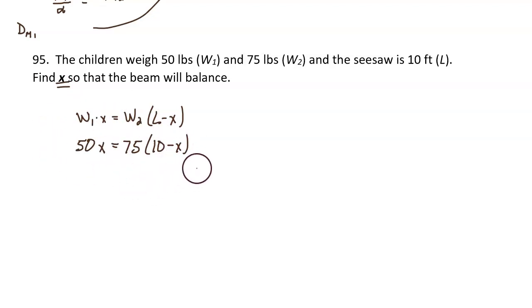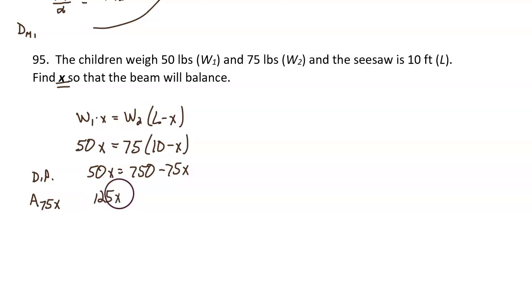So we've created an equation that we can solve for x. Let's do a little distributive property on it. 75 times 10 is 750. 75 times negative x is negative 75x. Now we can add 75x to both sides. This is 125x equals 750.